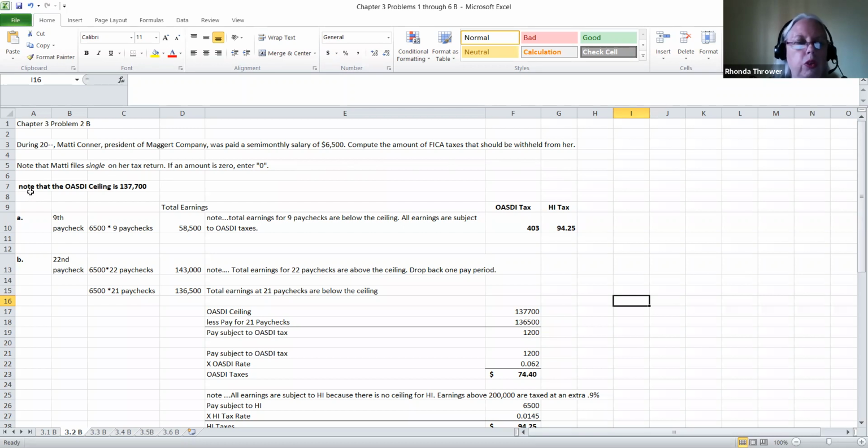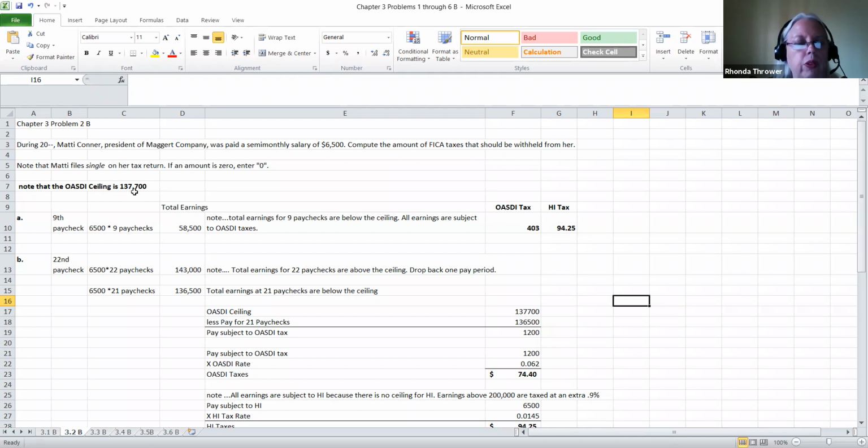I also want you to note that for the Social Security OASDI, there's what we call a ceiling or a cap on the amount of earnings. If an employee earns up to $137,700 per year, they are taxed on that amount.